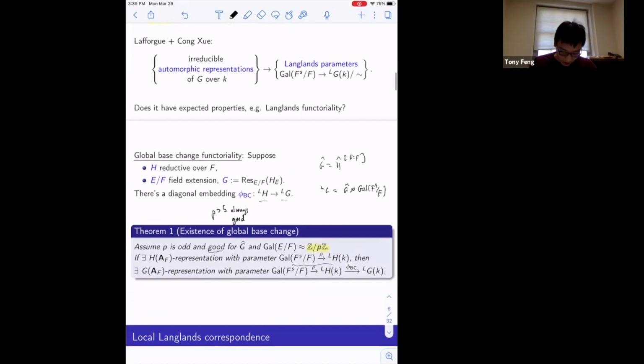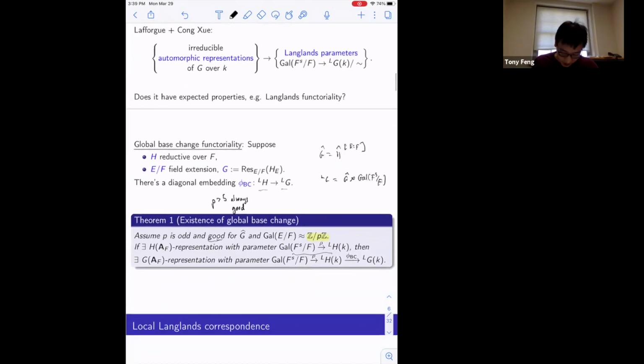Okay. Maybe I should also say the conclusion of this theorem is basically the same as saying that if you take your original Galois representation and restrict it to the subgroup, which is the Galois group of this field extension E, that comes from an automorphic representation.